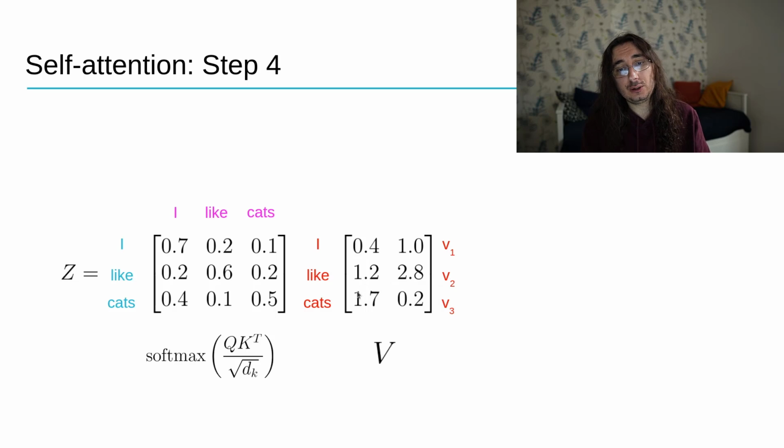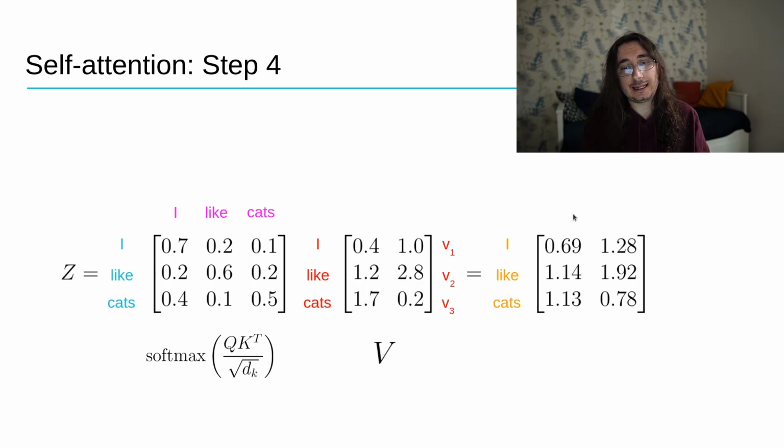Then we have V2 and V3. Okay, now I'm going to apply the multiplication there, and we're going to be getting this output here. So we've multiplied the attention score with the value matrix, and we get this result. And this is the attention matrix.